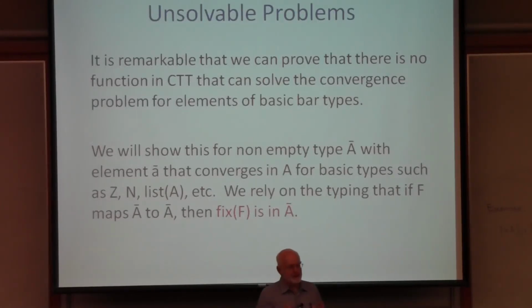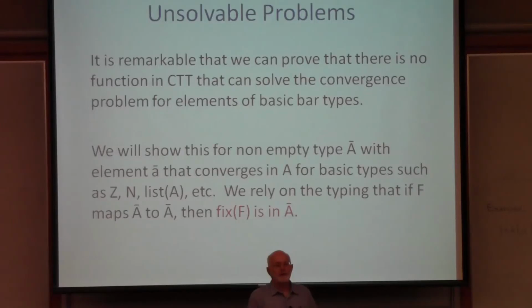And the way we type it, I had mentioned before, for every type in the theory, like natural numbers, any type, we have a type that we denote A over bar. And those are the terms that, if they converge, converge to something in the type A. So N bar consists of all the terms for numbers that could possibly be partial, could diverge.